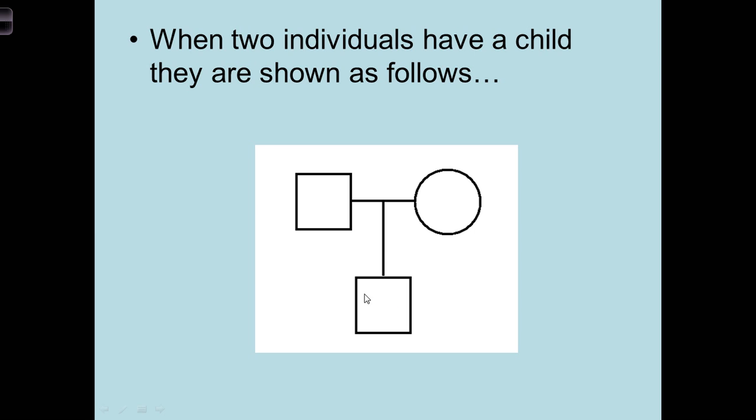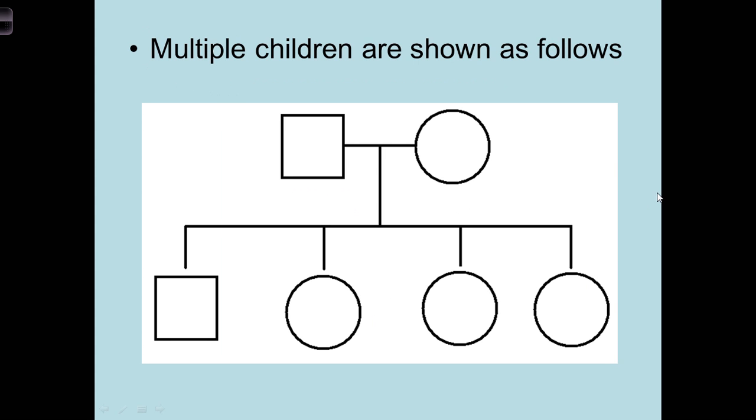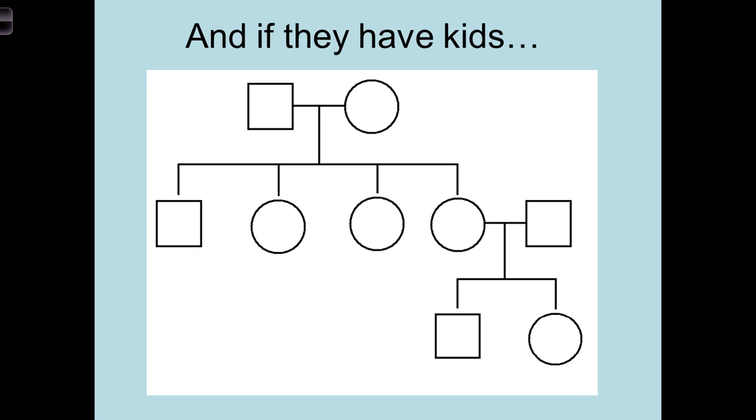So in this case, we've got a male and a female who have given birth to a male. Multiple children are just shown like this, the line at the bottom here. So this couple here have had one male and 3 females. That's their offspring. And if they have kids, we just draw it like this, a line connecting them.